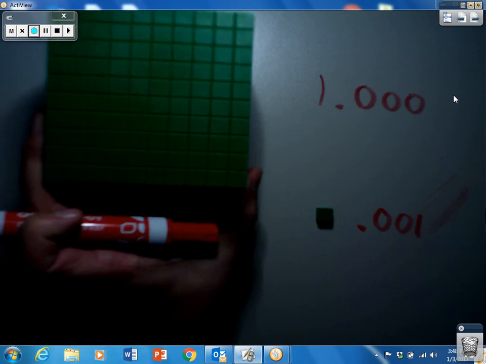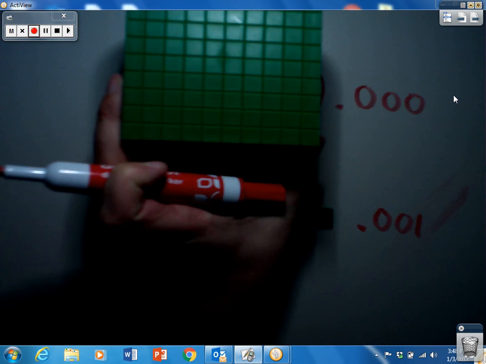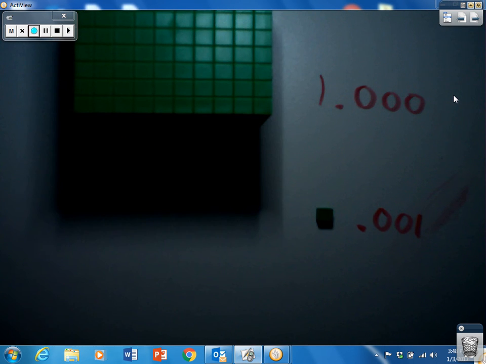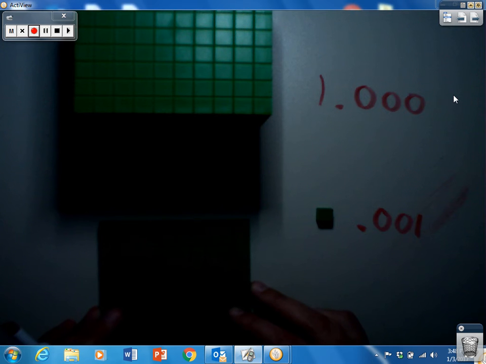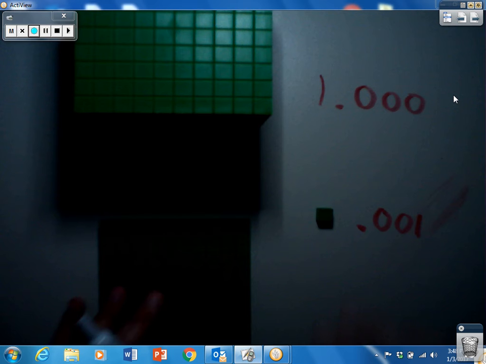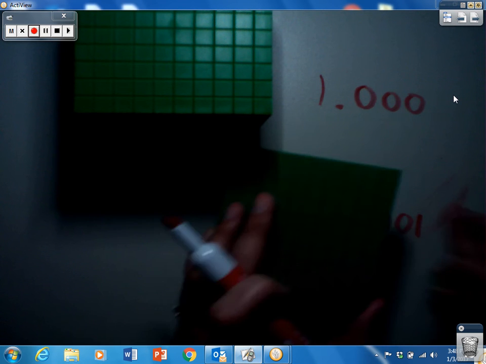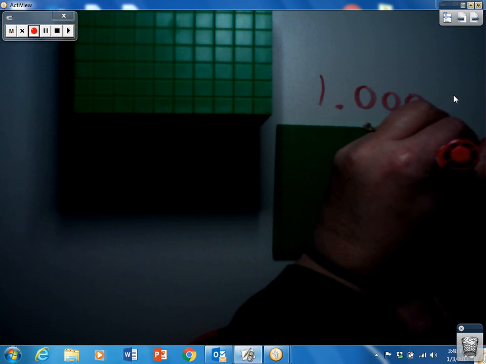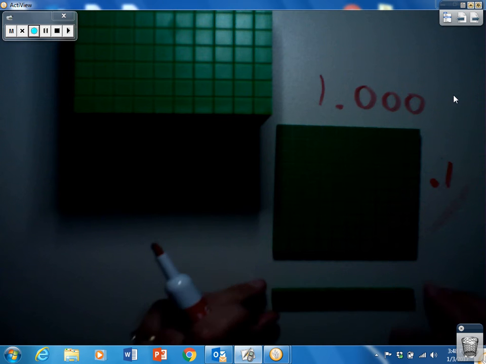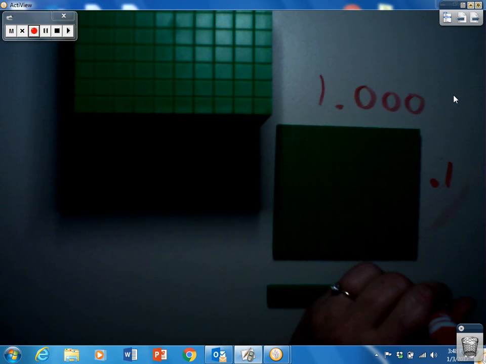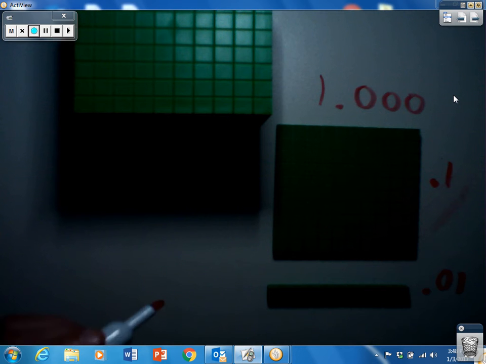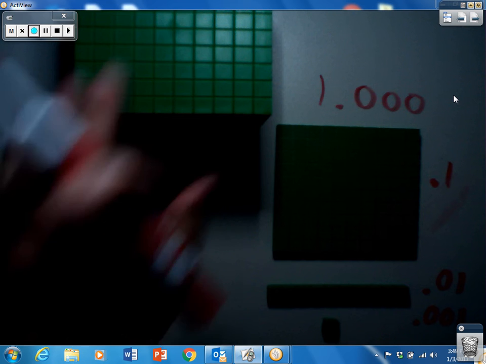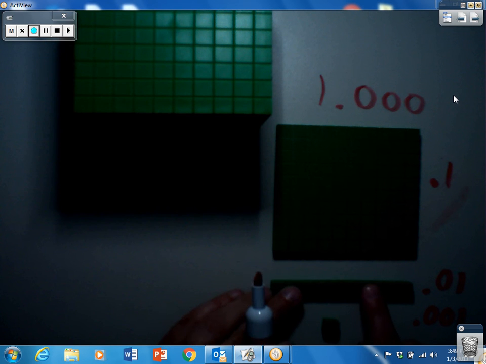If we're using our cube as the whole, the flat right there would be 1/10, the long would be 1/100th, and the cube would be 1/1,000th. 1,000 cubes go in the whole. 100 longs go in the whole.